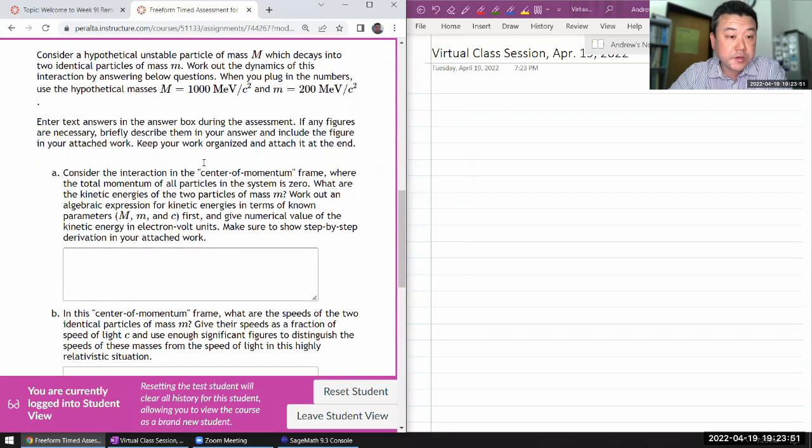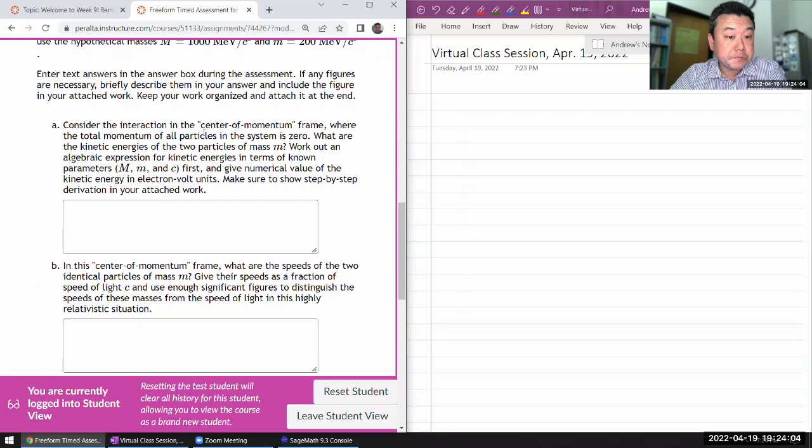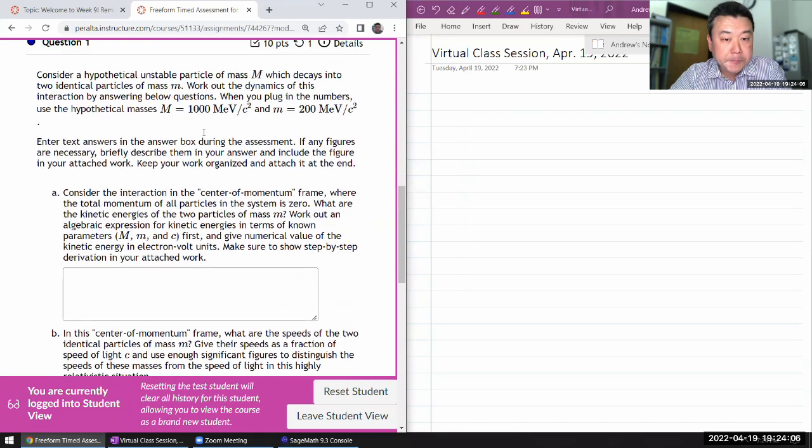So this is the question. It says, consider a hypothetical unstable particle of some mass decaying into 2 identical particles. All right.